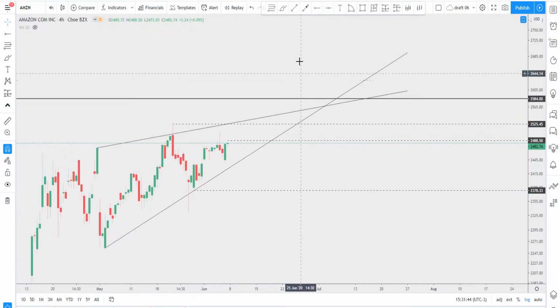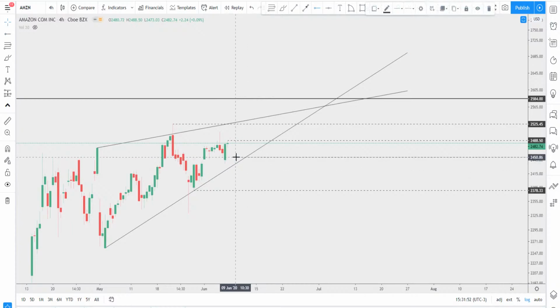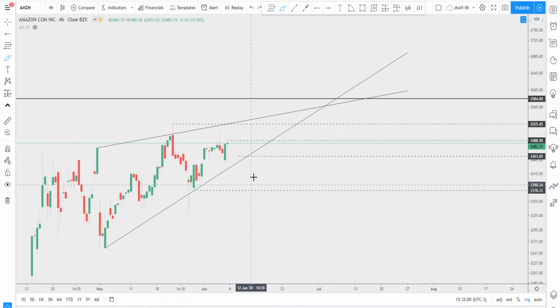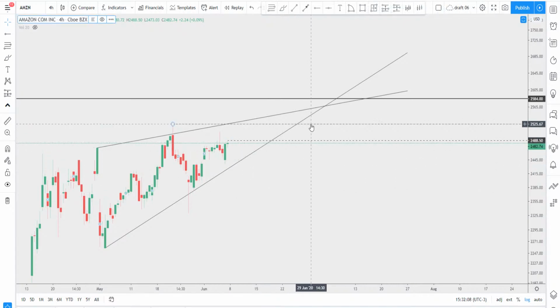Okay, so what we are looking for now is somewhat of a drop around this level right here. Because we also have more meaning here that I'm going to show you right now, just for you guys to have a better idea.